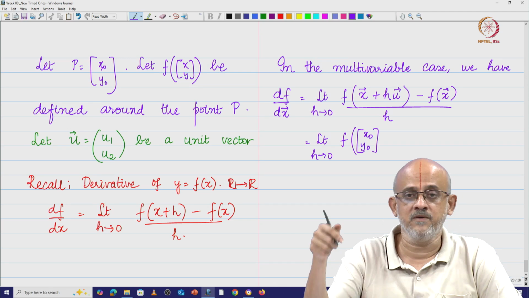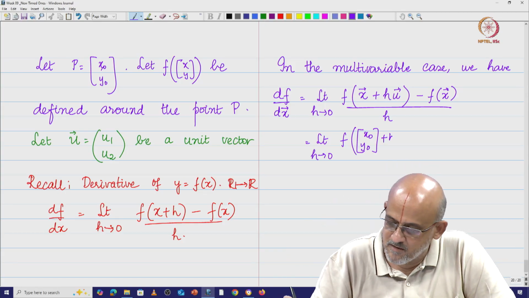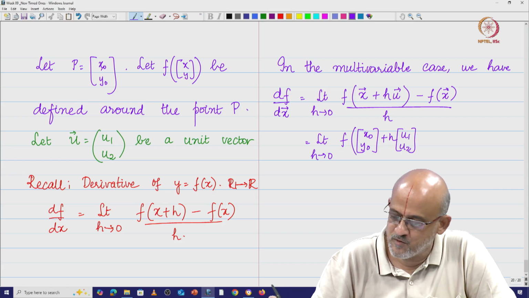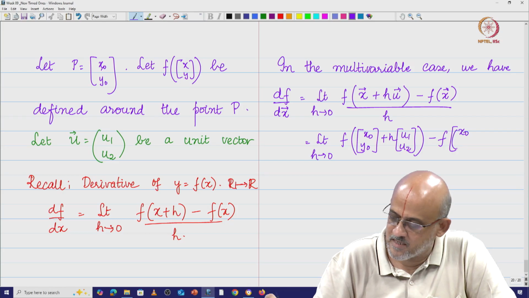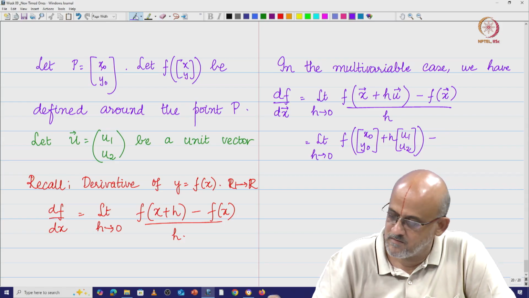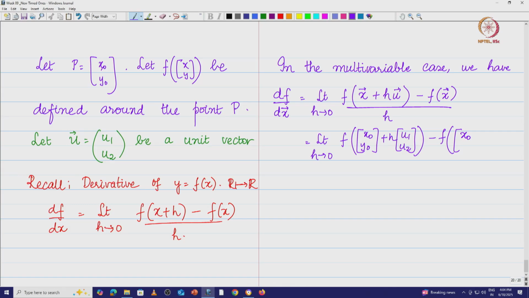We are standing at that particular point P, which is x naught y naught, plus h into u1 u2, h is a scaling factor for this u1 u2, minus f of x naught y naught, divided by h. This is what it is going to be, right.